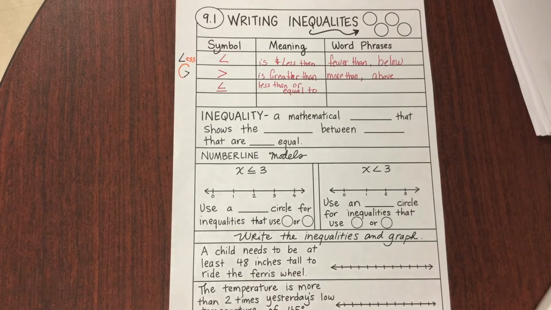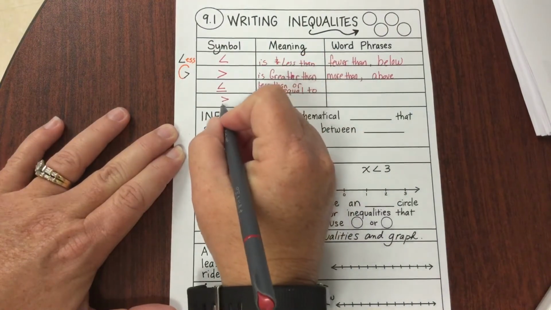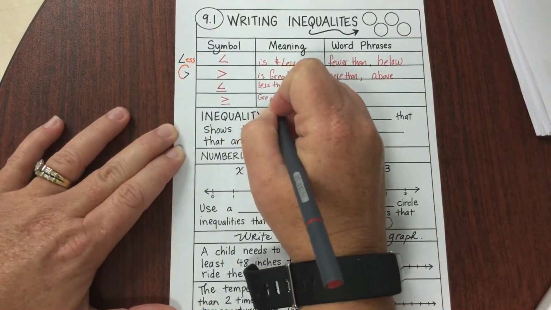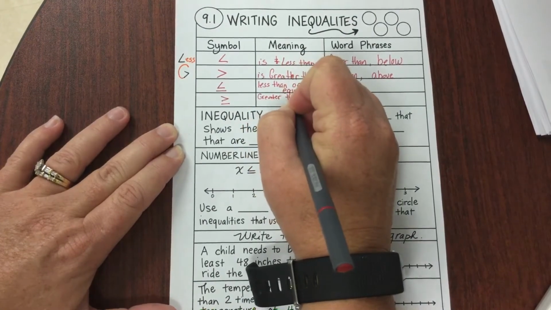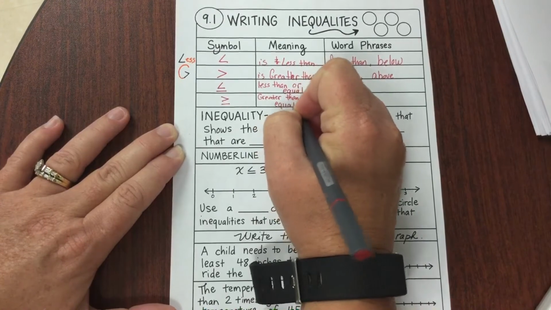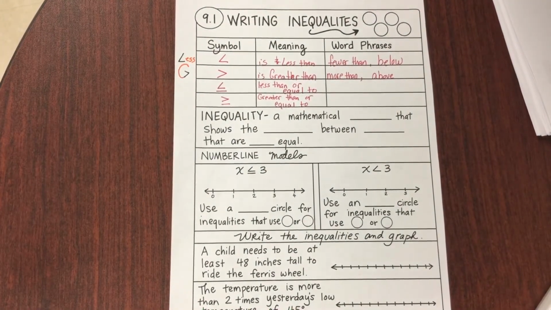So then the other one would be your greater than or what? All right. Greater than or equal to. We didn't talk about the keywords over there.